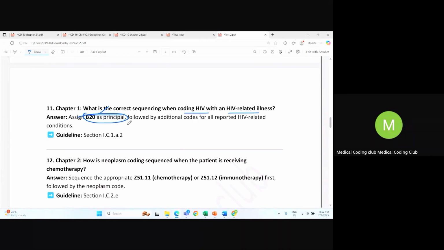And if the patient has an injury and HIV? Injury first, then B20, ma'am, because he came for an unrelated injury condition. Correct. And there is one exception also. If the patient has HIV with anemia, D63, then B20.